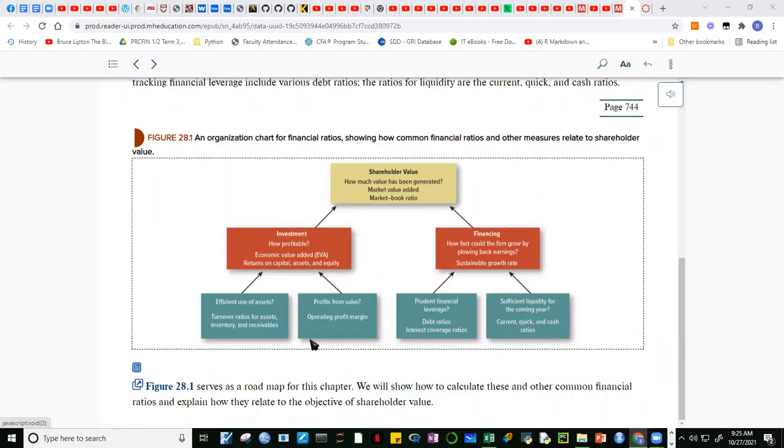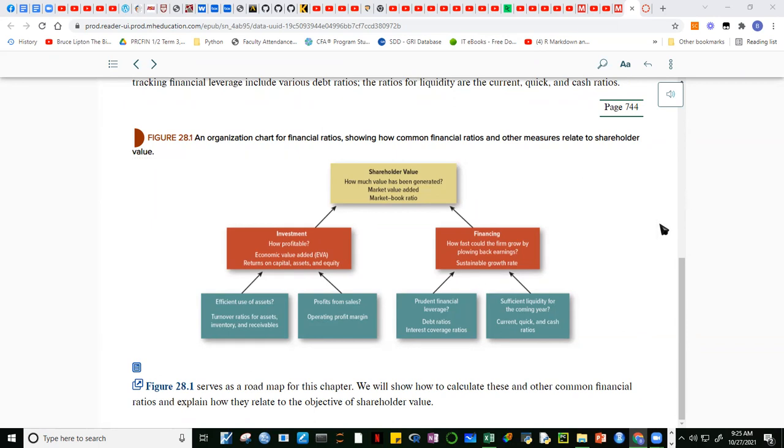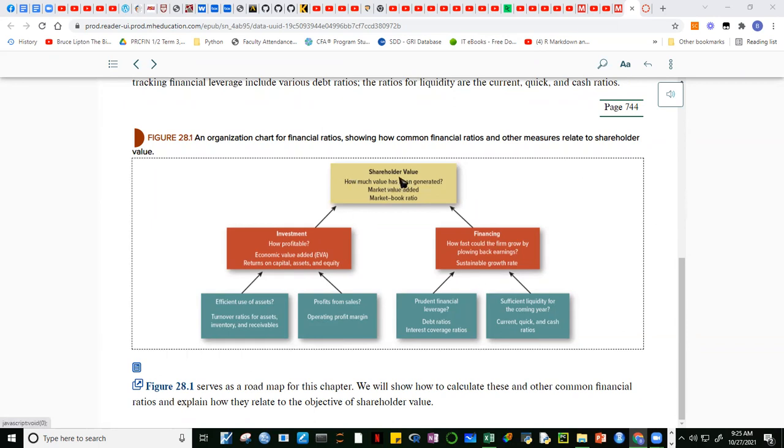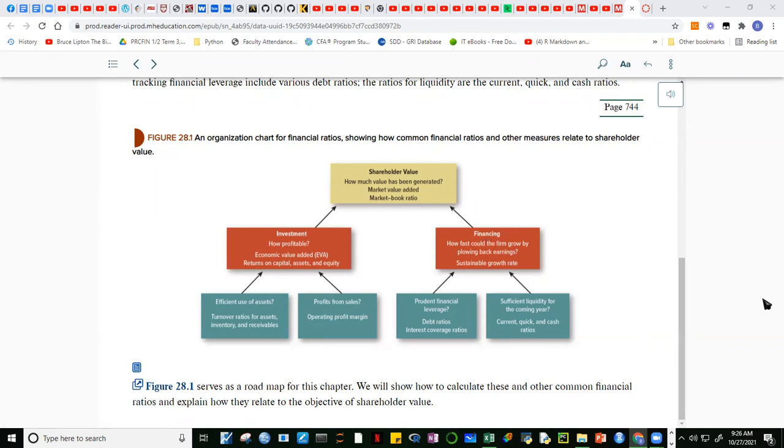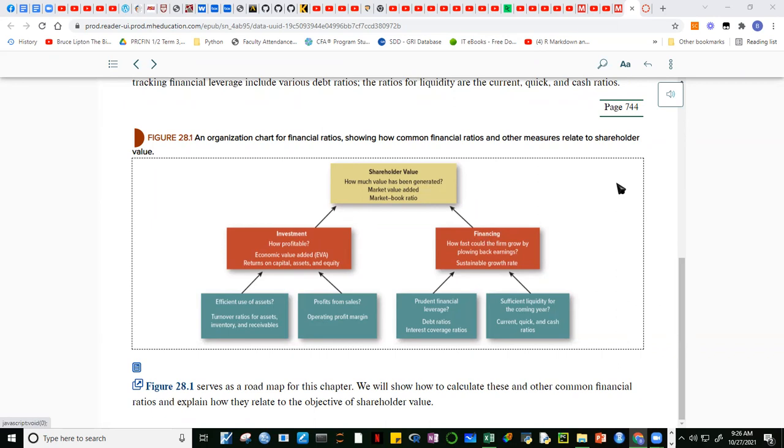As we take a look at this diagram, we said that the main objective is to maximize shareholder value. We look at the investment performance and the financing performance of the firm. In order to answer these questions, it is important that the firm come up with metrics or measures.